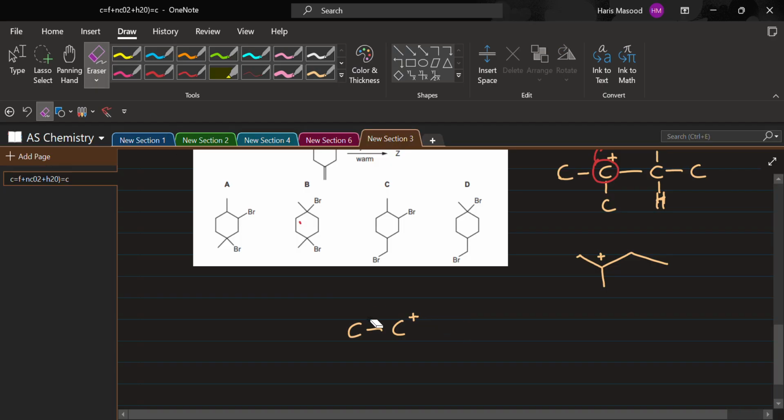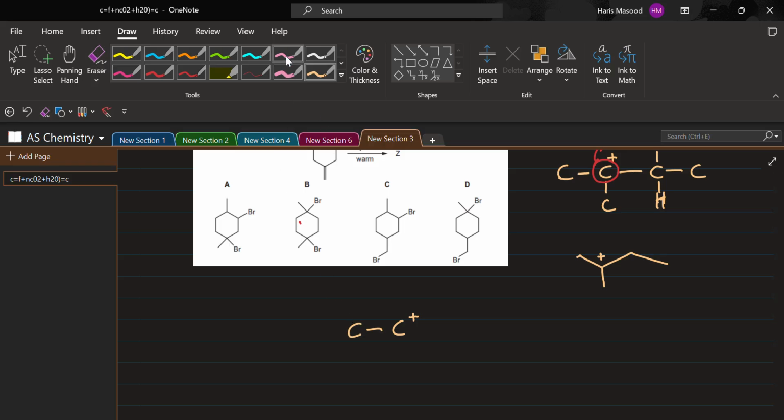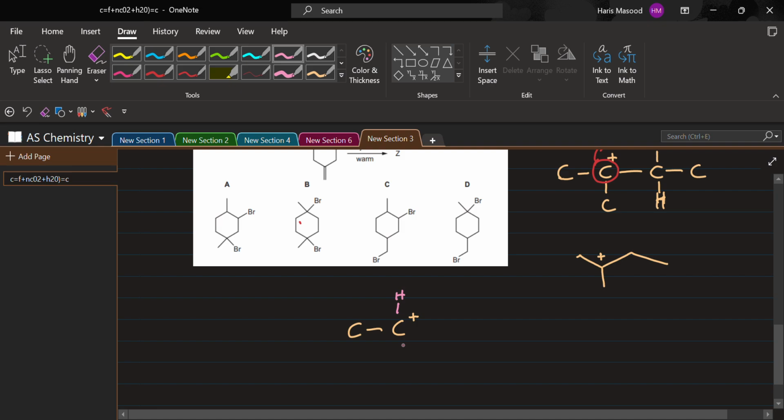So a primary carbocation is the one which has two hydrogens already attached to it, okay, and it has only one carbon group attached to it, the alkyl chain, you can say. A secondary carbocation always has two alkyl chains and one hydrogen attached to it.